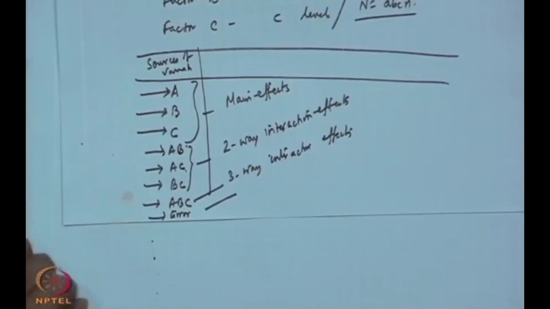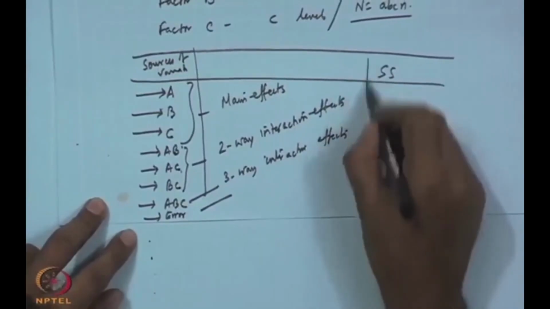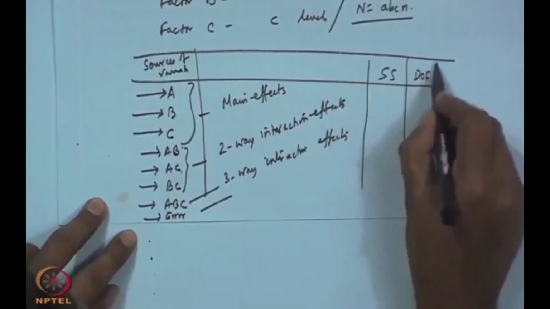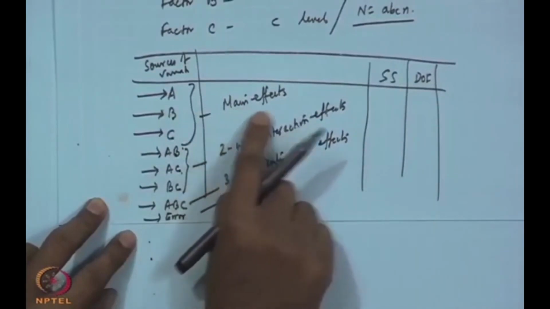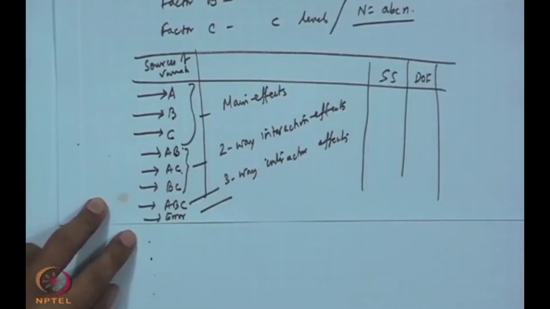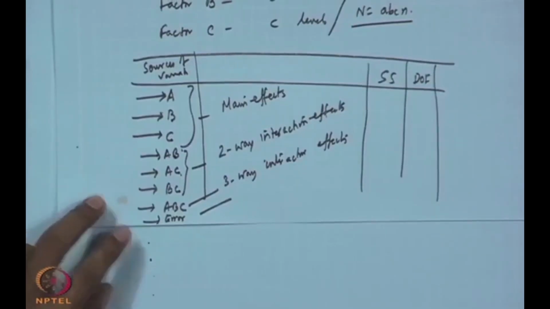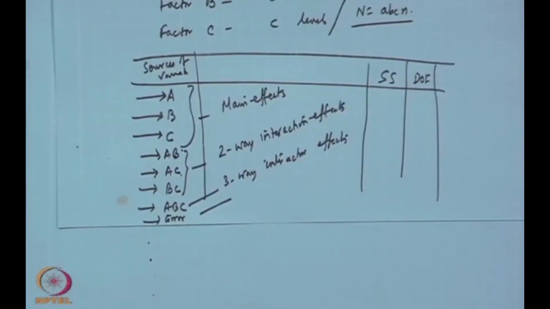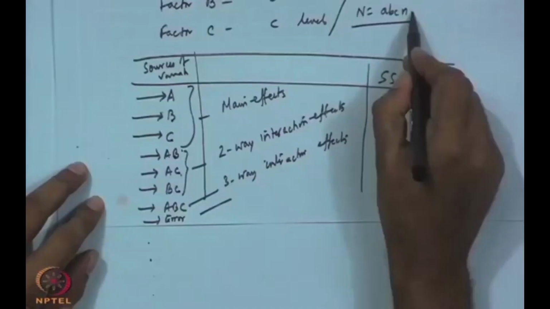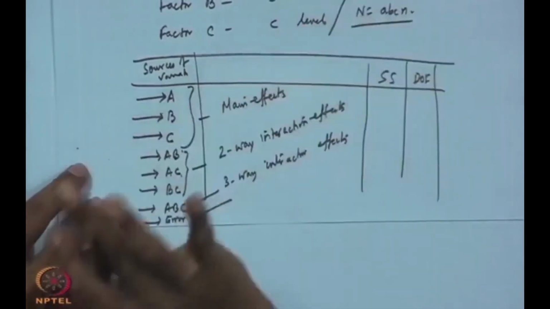You have to find out SS for everywhere, then you have to find out DOF, degrees of freedom. Degrees of freedom is, for main effects, A minus 1, B minus 1, C minus 1; for interaction effects, for AB it is A minus 1 into B minus 1, for AC A minus 1 into C minus 1, and for ABC A minus 1, B minus 1, C minus 1, you know that multiplication; for your total it will be abcn minus 1, then for the error part just subtract.